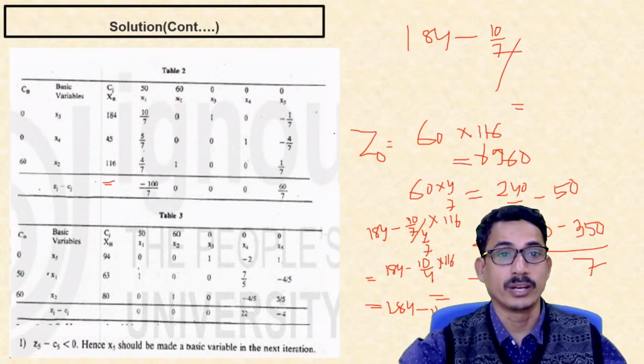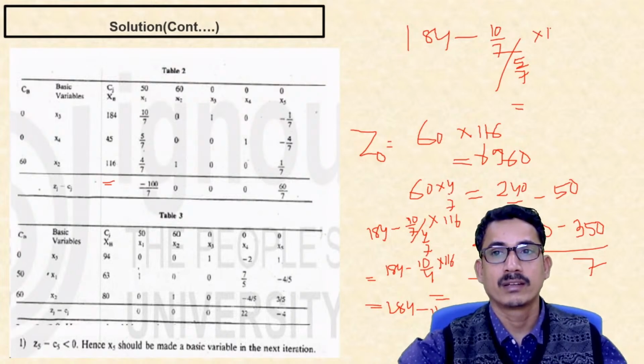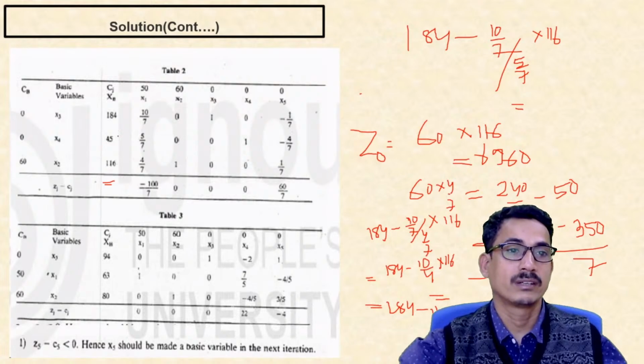Sorry, this is the outgoing row, so not 116; this minus this by this into 45.